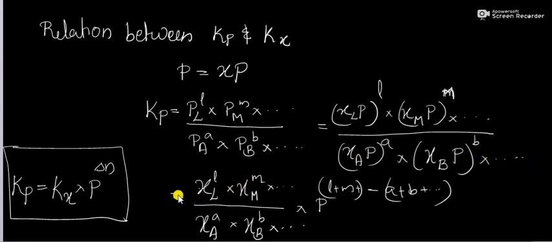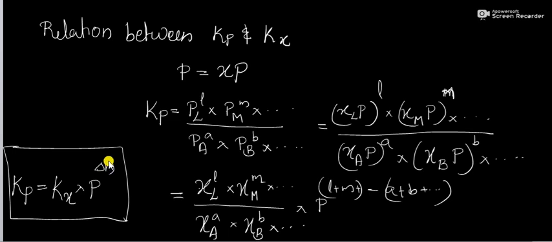which is equal to xL to the power l into xM to the power m into etc., whole divided by xA to the power a into xB to the power b into etc., into P raised to (l plus m plus etc.) minus (a plus b plus etc.), or which can be simply written as Kp is equal to Kx into P raised to delta n, where delta n represents the change in the number of molecules in the reaction.